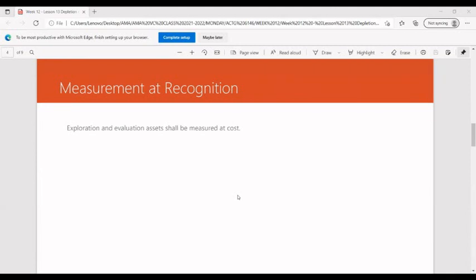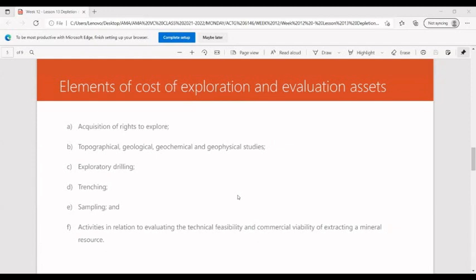Measurement of recognition. Exploration and evaluation assets shall be measured at cost. We'll measure that at cost.